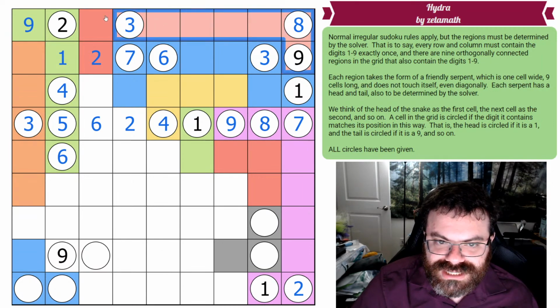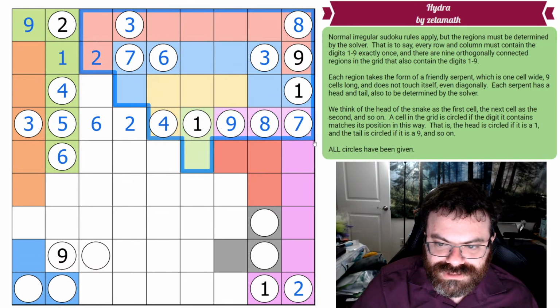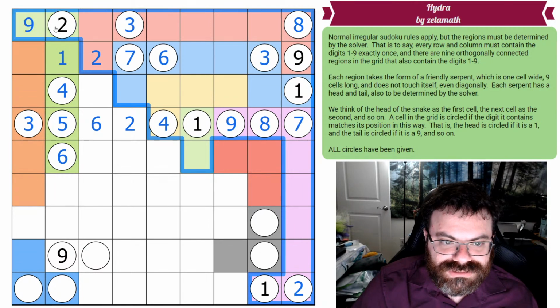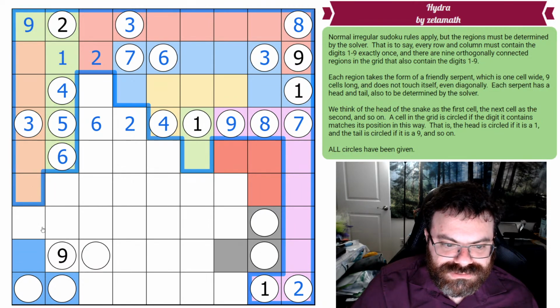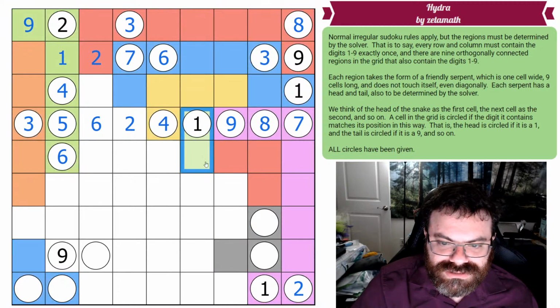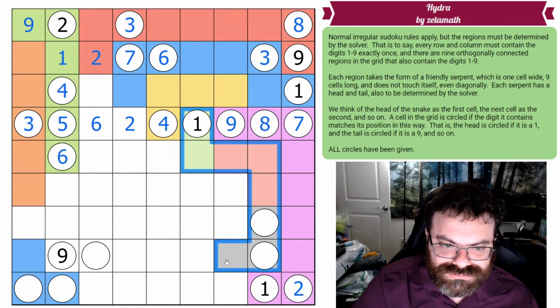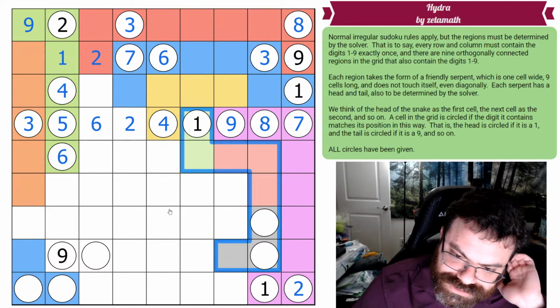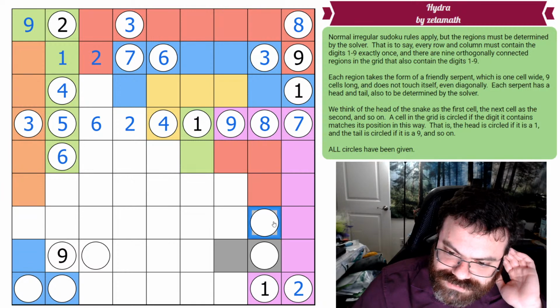How many regions do we have that we know are 1, 2, 3, 4, 5, 6, 7, 8? Well, this could all be green. And we don't have 8 regions. 2, 3, 4, 5, 6, 7.